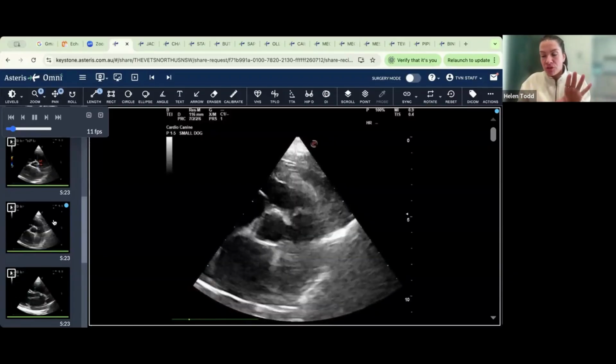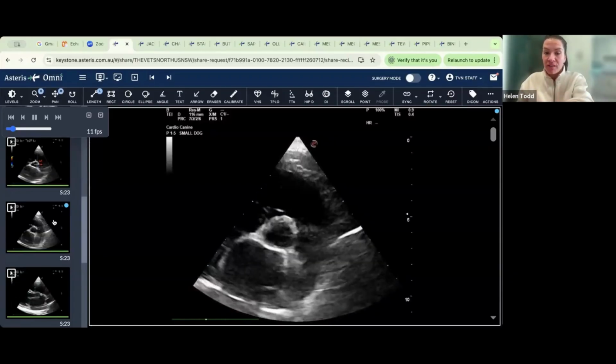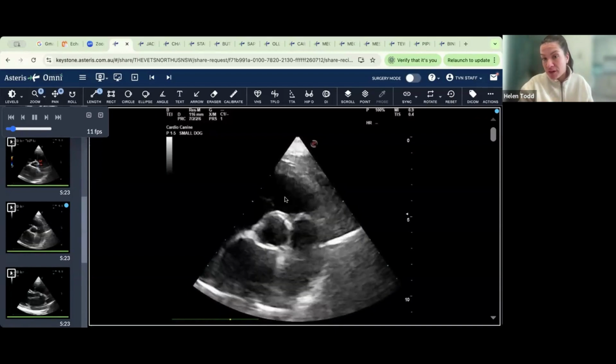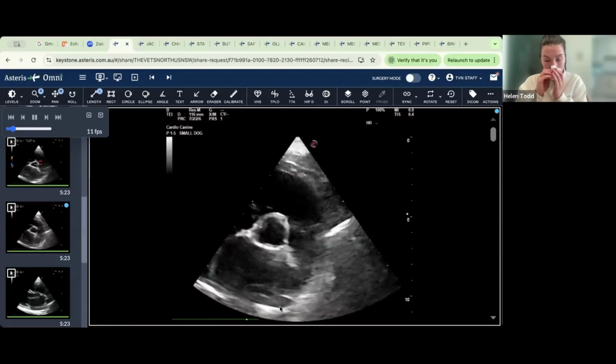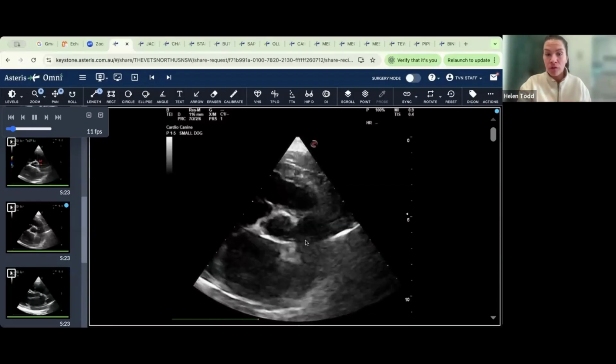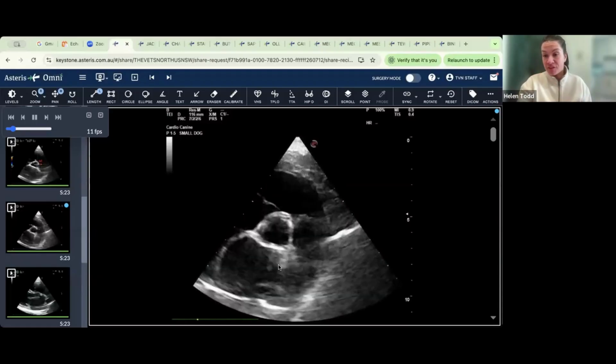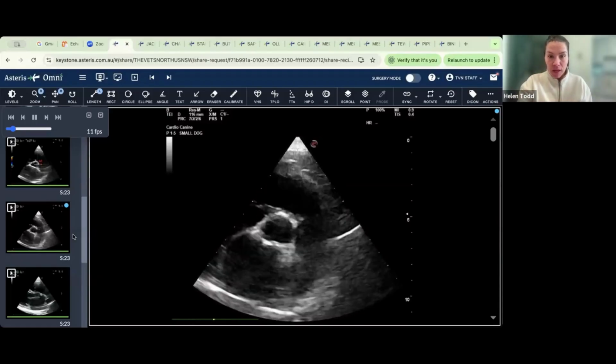We still do this view because as part of a full echo, we're also going to be interrogating the aortic valve in the middle and the pulmonic valve, which comes in beautifully in this right outflow tract. So there are things that are still really helpful in this view. We do still get it in everyone.